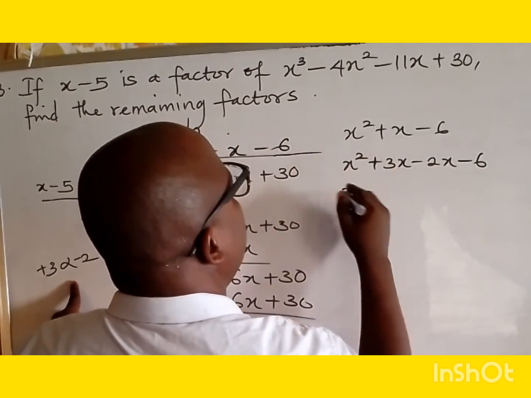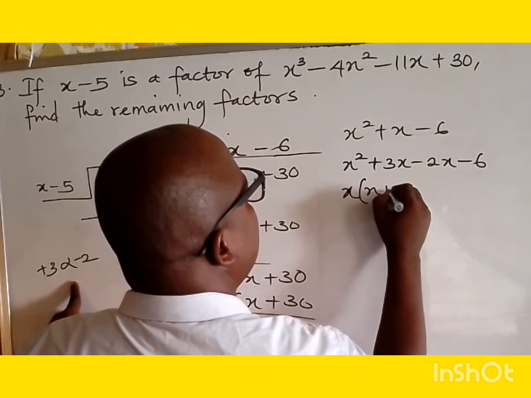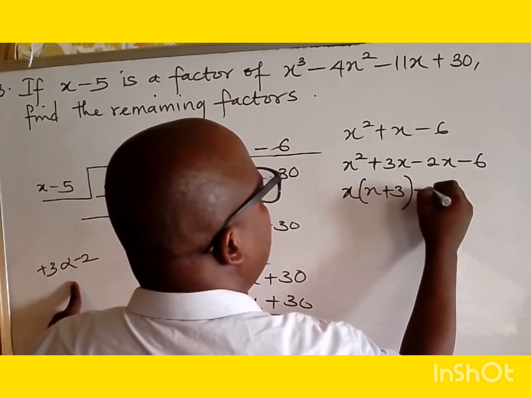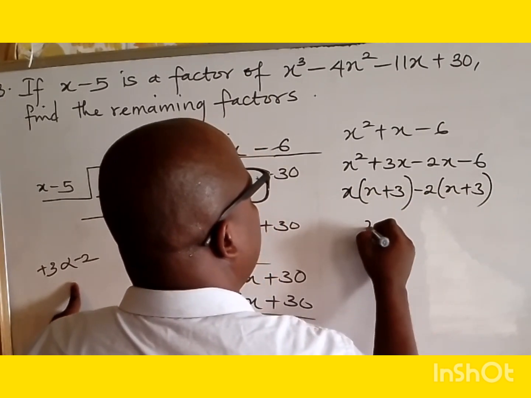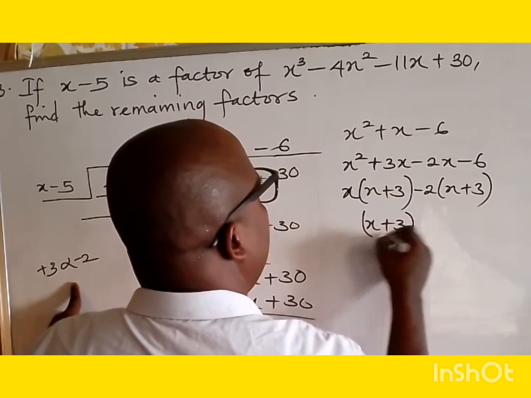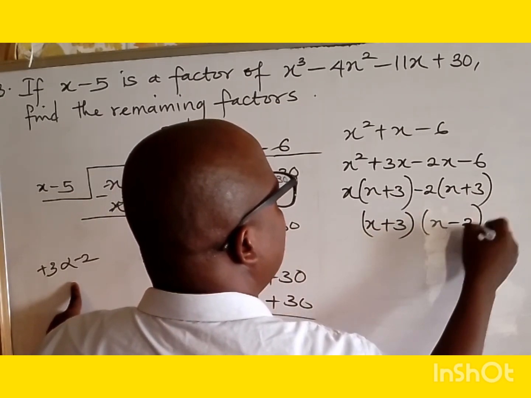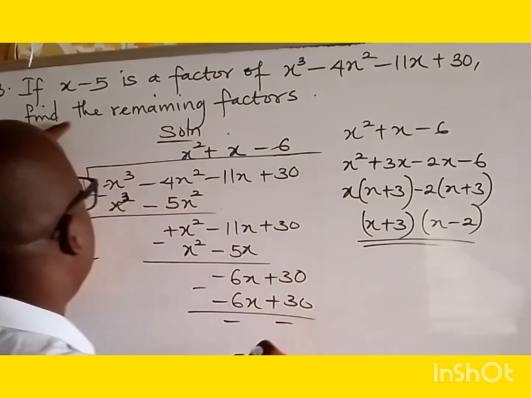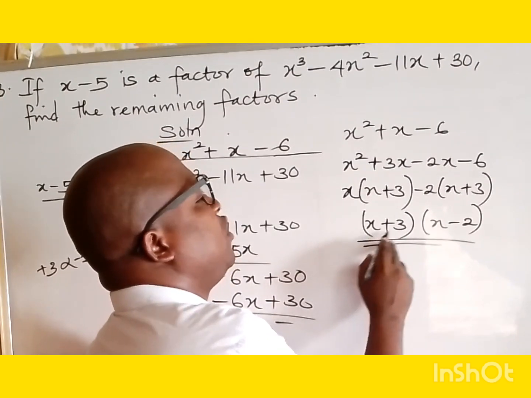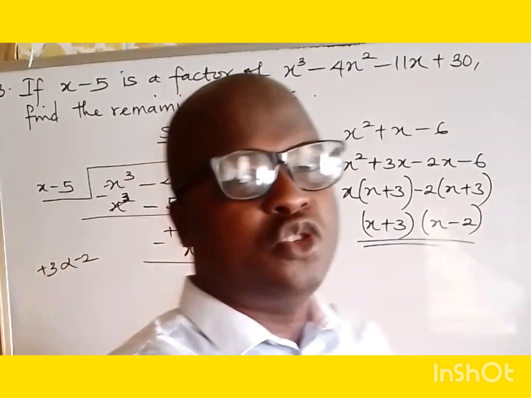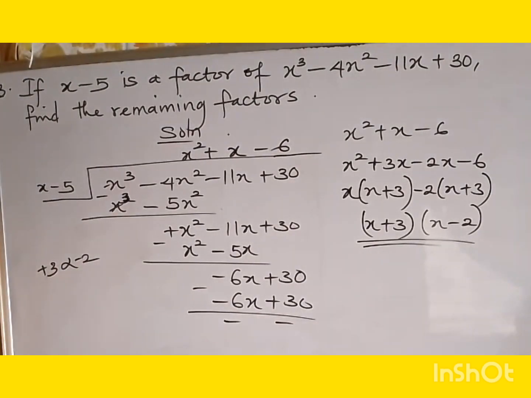What is common here? x is common, so you have x plus 3, and this will give us minus 2 into x plus 3. So our answer will be x plus 3 into x minus 2. The question is to find the remaining factor. The remaining factors are x plus 3 and x minus 2. So we are done with question 3. We move to question 4.